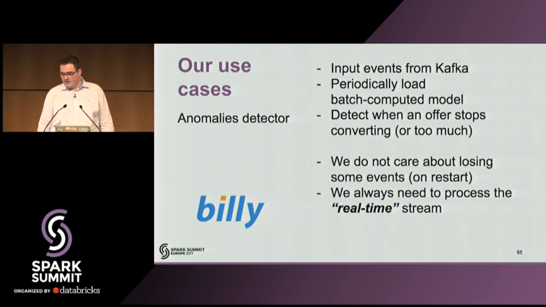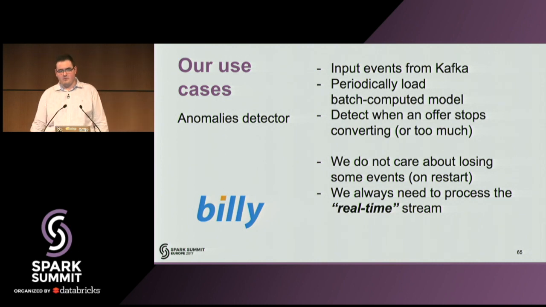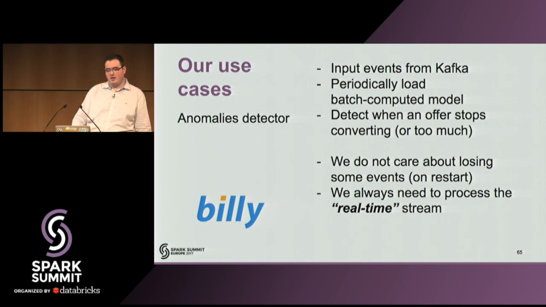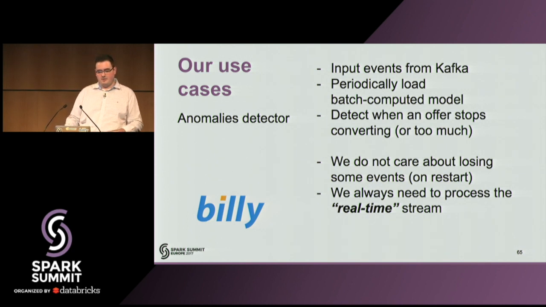Another use case, anomaly detector. Anomaly detector basically is to detect when something strange happens in your streaming data. For example, in our case, it is to detect when an offer stops converting because it's broken, or it converts too much, for example, fraud. We do not care about losing some events because we always want to process the real-time stream.